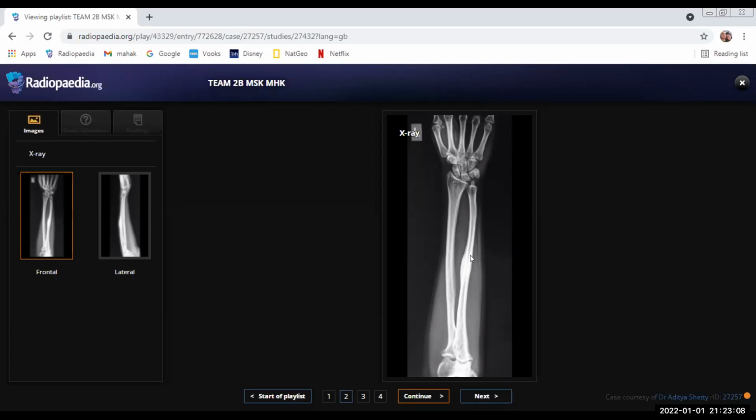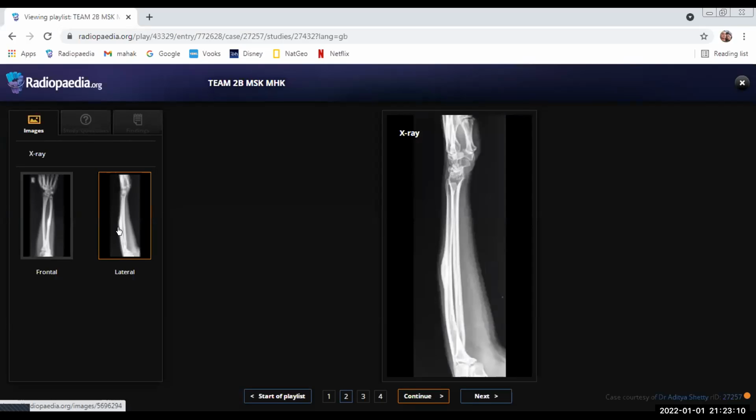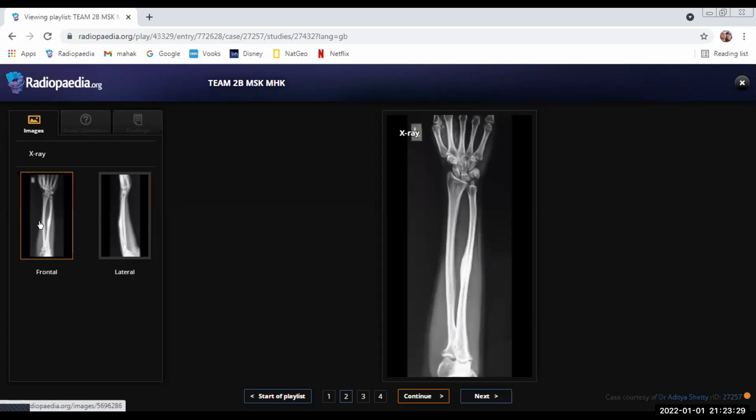There is encroachment in the medulla with cortical thinning. And I have suspicion of a lucent area within this eccentric cortical-based lesion. I'm looking at the rest of the bones to see for any other pathology or fracture. Apart from mild osteopenia, I do not see any other abnormality. So considering that this is a young patient who is symptomatic, with this cortical thickening and suspicion of a lucency in between, I would consider osteoid osteoma as my prime possibility.